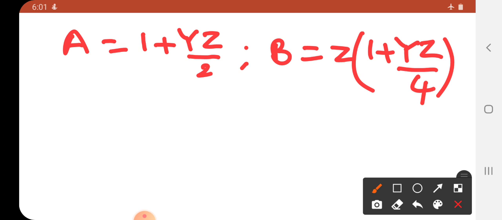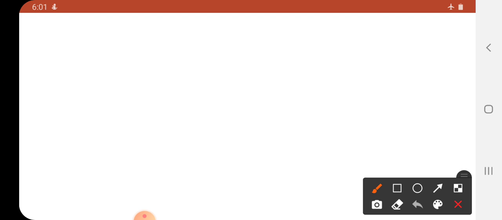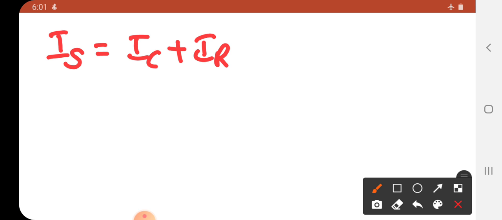First, to find CD, let us take the sending end current. What is IS? IS equation is IC plus IR, where IC is V1 into Y plus IR. Now what is V1?